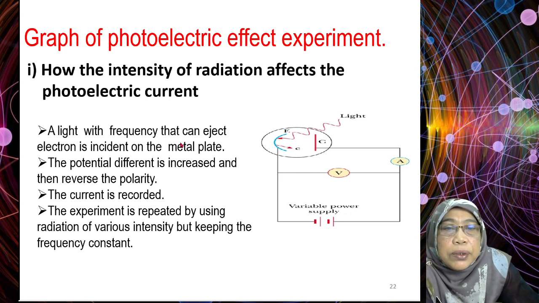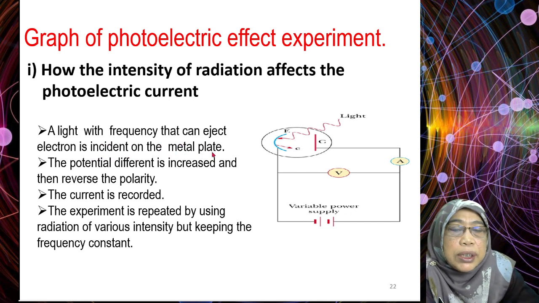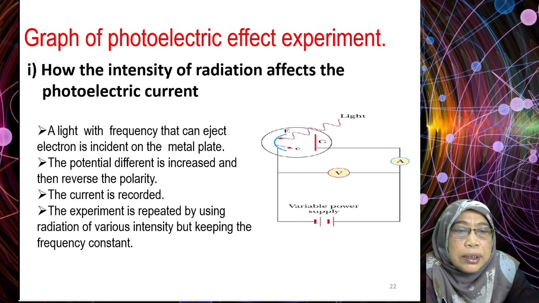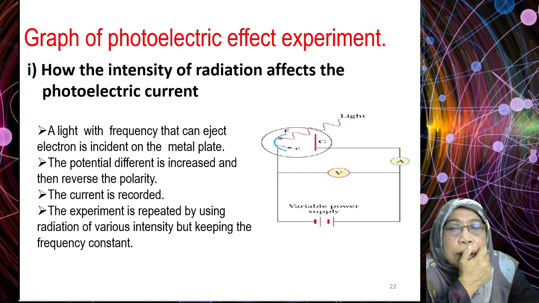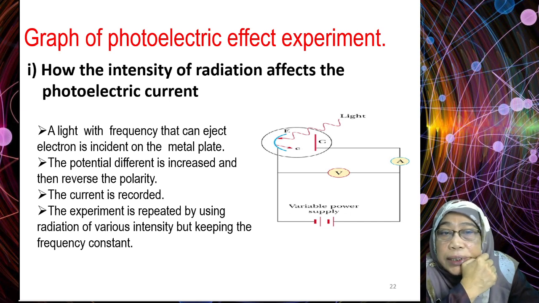Light with a frequency that can eject electrons is incident on the metal plate. In order to see the current, or the electrons emitted from the metal plate, the frequency should give more than the needed energy for the work function.